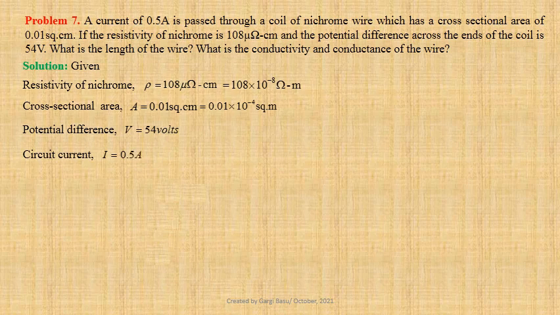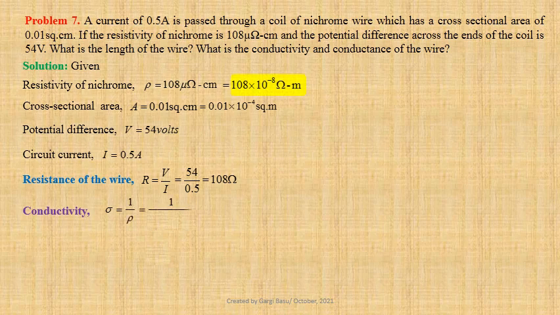Let us first determine the resistance of the wire. R equals V divided by I. Using values we get 54 divided by 0.5, that gives us 108 ohm. Conductivity sigma equals 1 upon rho, that is equal to 1 upon 108 into 10 to the power minus 8, that gives us 92.59 into 10 to the power 4 mho per meter.